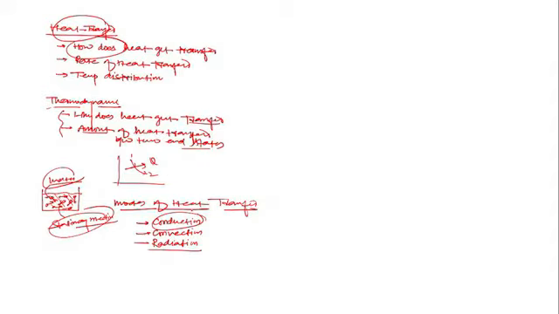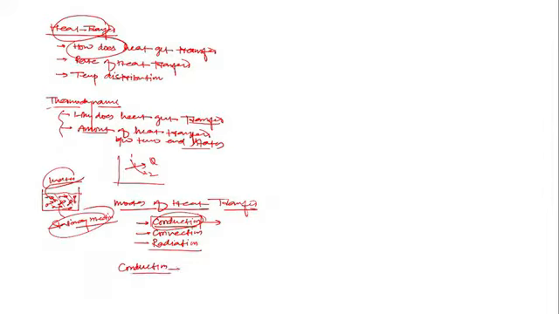So conduction is possible in solids as well as in fluids, but the condition is that the fluid must be stationary, meaning there should be no bulk motion. I am not talking about molecular motion, I am talking about bulk motion, meaning no motion that we can observe with the human eyes. Clear?